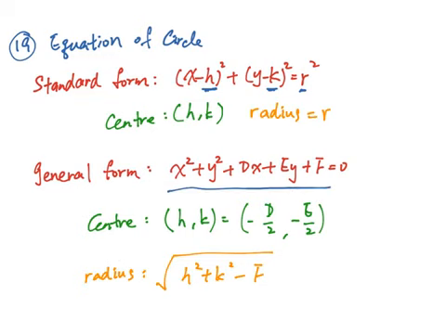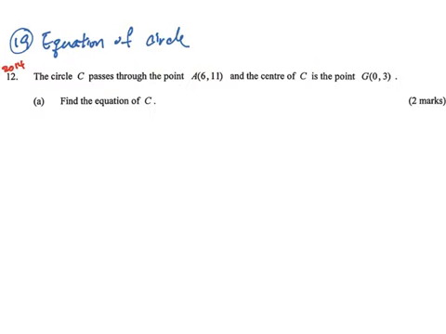To find the center, we use negative d over 2 and negative e over 2. It is the center hk. Then to find the radius, we use hk square plus, minus f. Let's see an example.